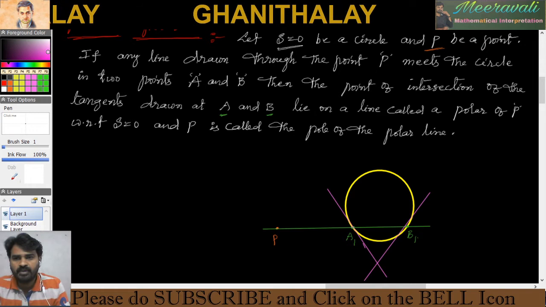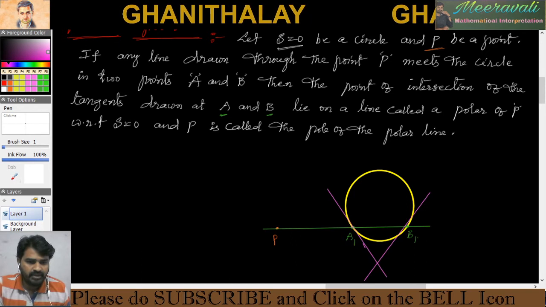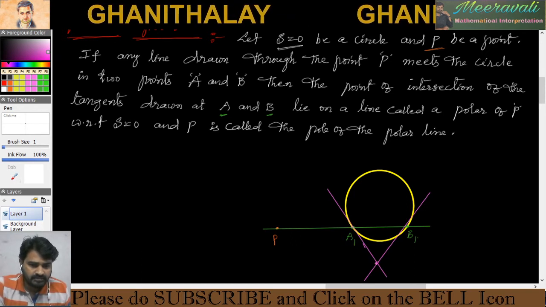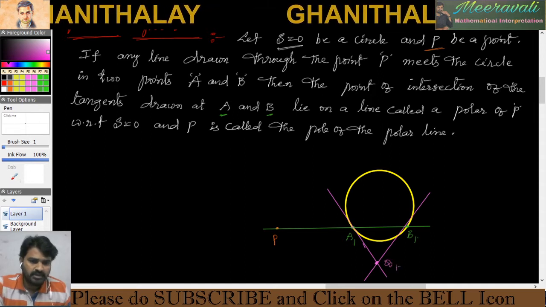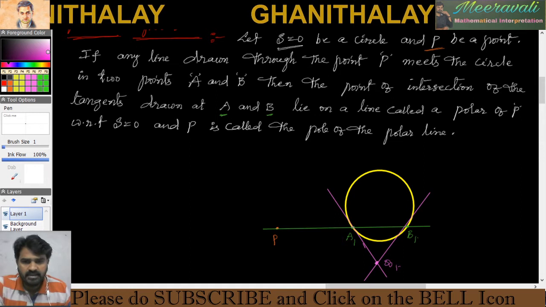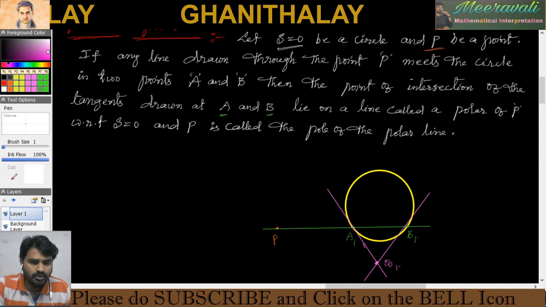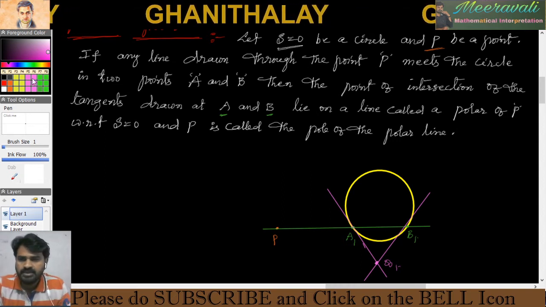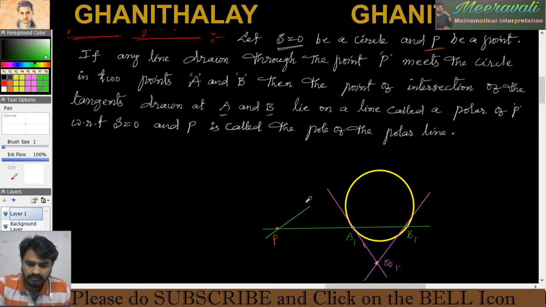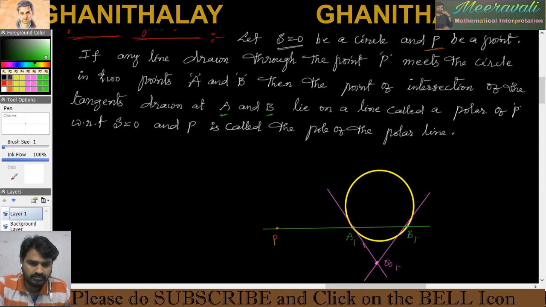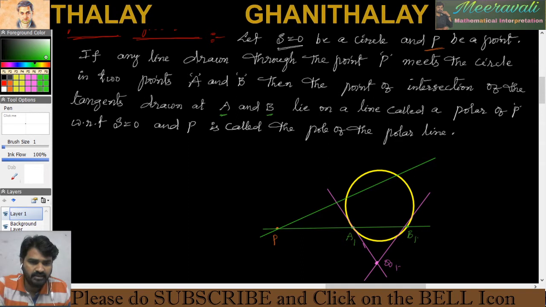You will get the point of intersection of the tangents at A1 and B1, say Q1. Next, in the same process, if you take one more line which cuts the circle in 2 points through the point P, another intersecting line of the circle.